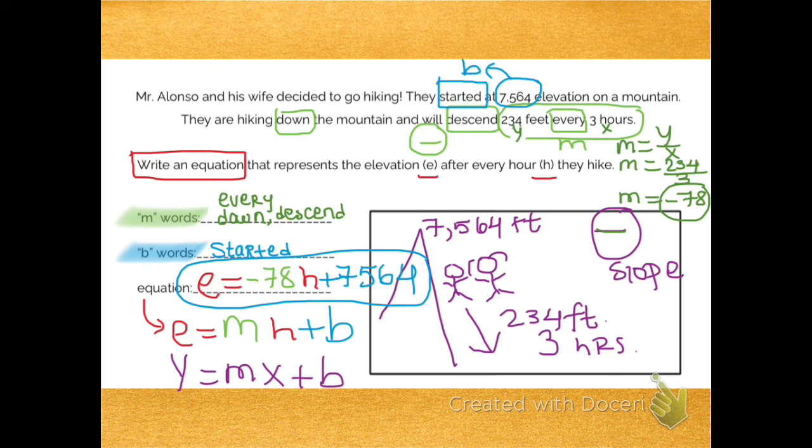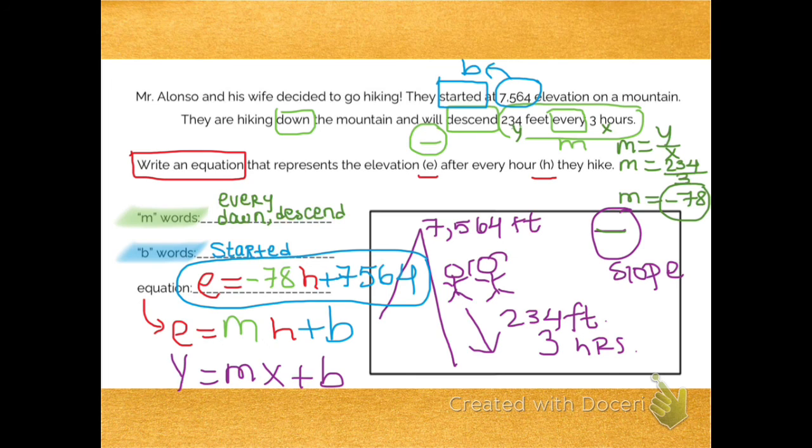Okay, so every hour, guys, how much do Mr. and Mrs. Alonso descend in elevation? So every hour, how many feet have they walked down? Yes, that is 78 feet, okay? And that's our equation.